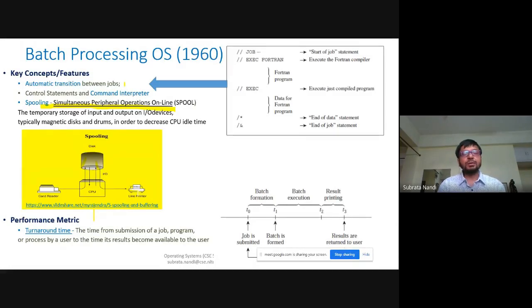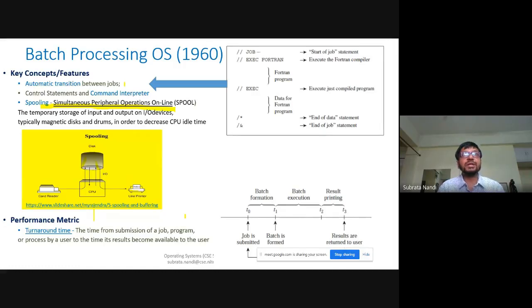In some systems this is deployed to speed up the processing, so that the CPU doesn't have to wait for long in between two jobs. Okay, so in such a system, what can be the performance metric?